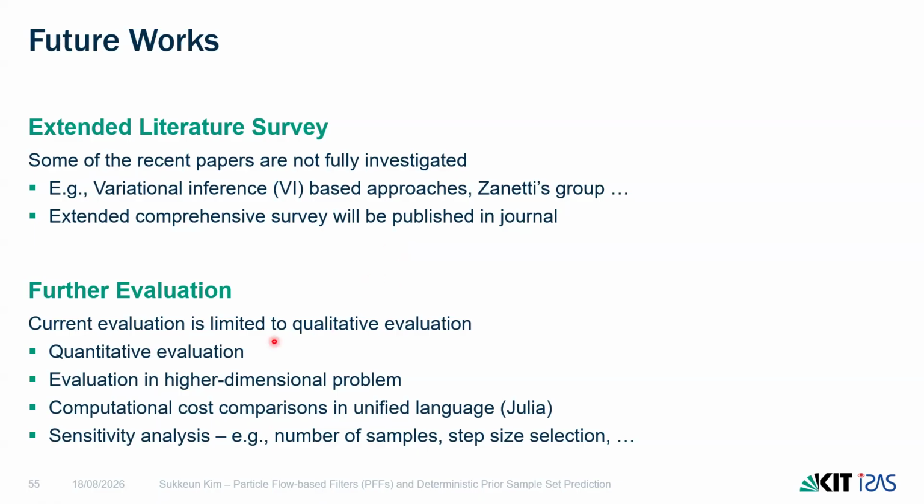But obviously there are some limitations of our current work, which is that only qualitative evaluation is considered, not even any error metrics or computation time. Those really need to be considered. It's already considered in the extended literature survey, but we just didn't have a solid result at the moment.